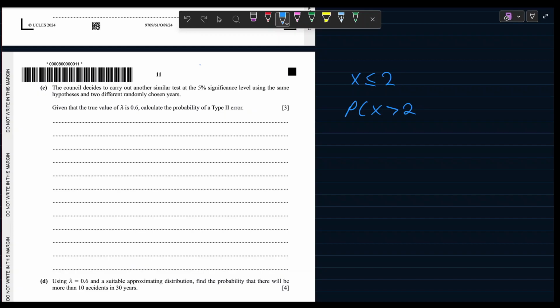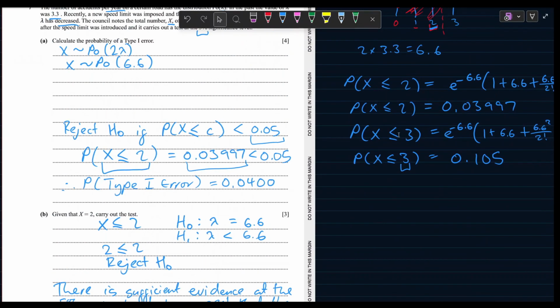However, it always comes with a correction in our population parameter. And so they give us the corrected value or the true value of lambda in this case. So given that lambda is equal to 0.6. But I want you to be very careful here, because if you remember going back here, when we were doing our test, we used 2 lambda, not just lambda.